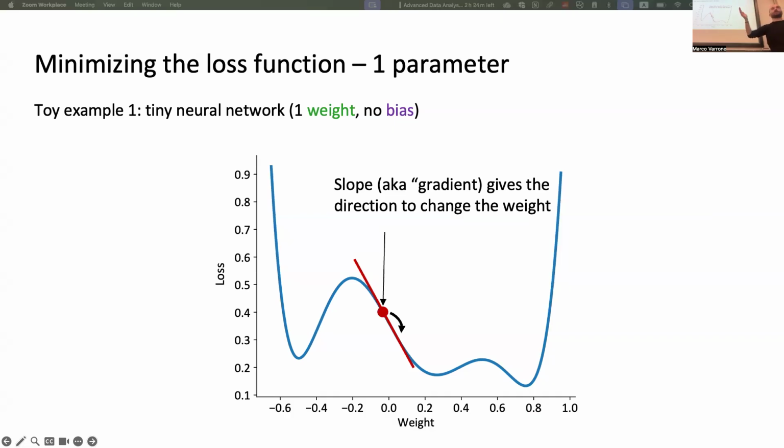The derivative of a function is the direction of steepest ascent, so it's the direction in which the function increases the fastest. In this case, we want to minimize, so we go towards where the function goes down. So it's what is called gradient descent, not gradient ascent. By computing this gradient, I'm not going to see how, you get the direction in which you need to go to be able to lower your loss function.